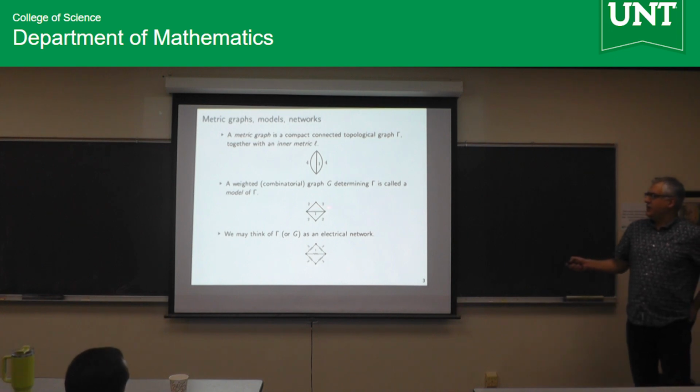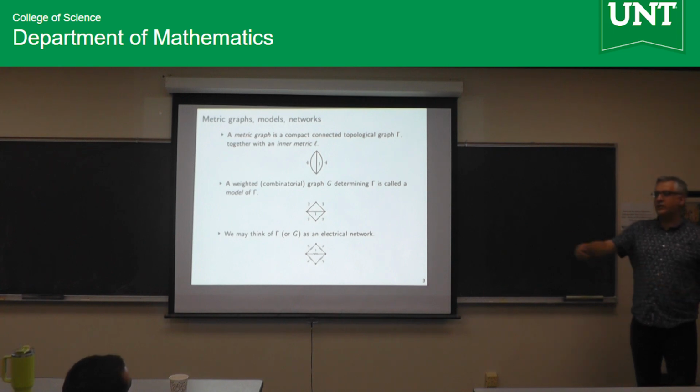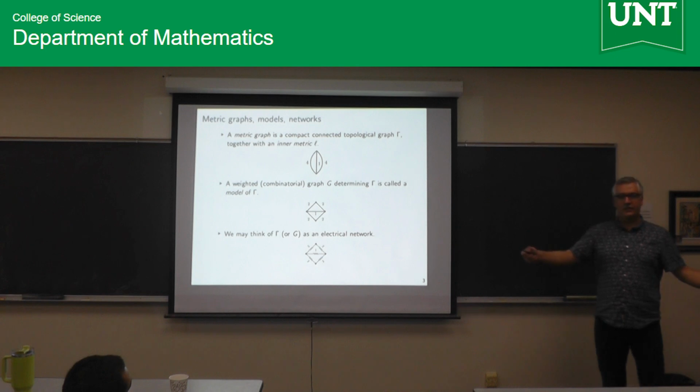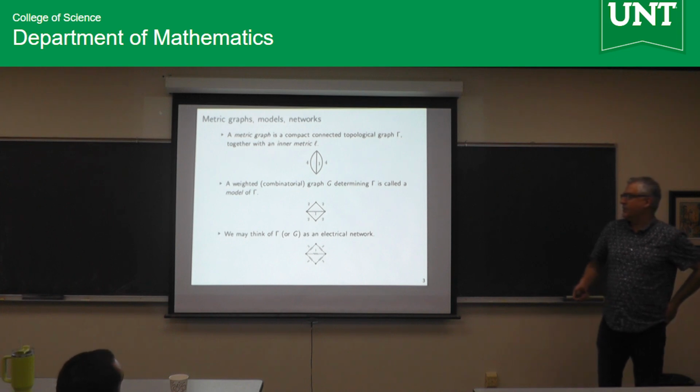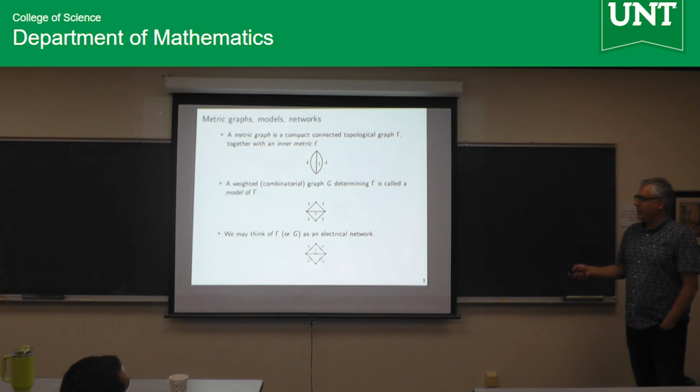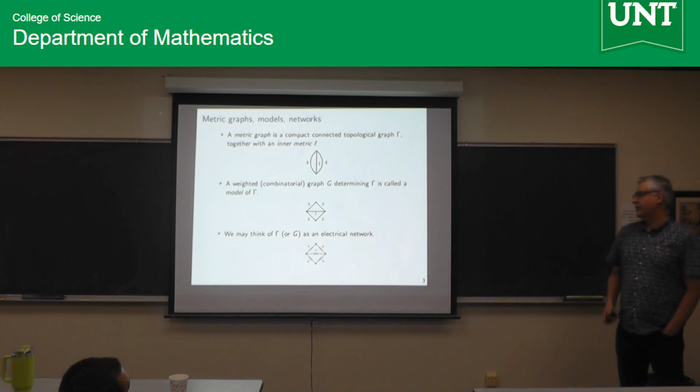And if you want to think of this picture as an electrical network, you can think of these lines to be created from copper wire, and the longer the wire is, the more resistance you have if you want to send electric current along that path, right? So it gets more warm if you put a battery across it. And these wiggly lines are the typical way of saying what electrical resistances are.